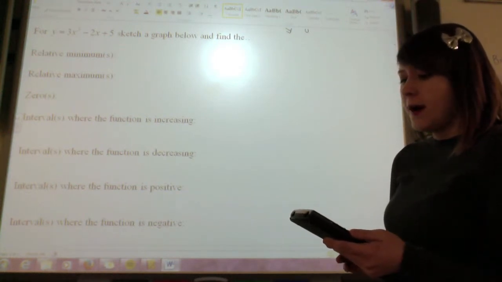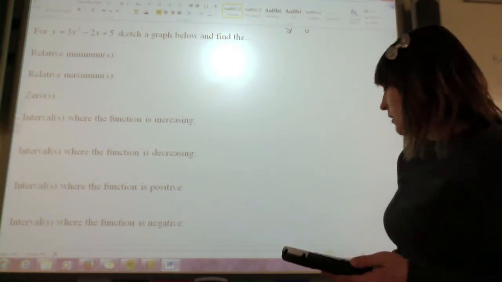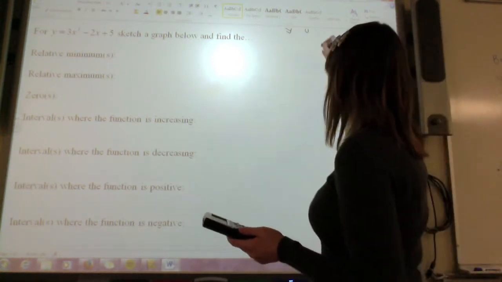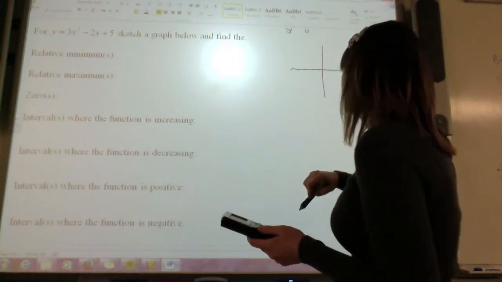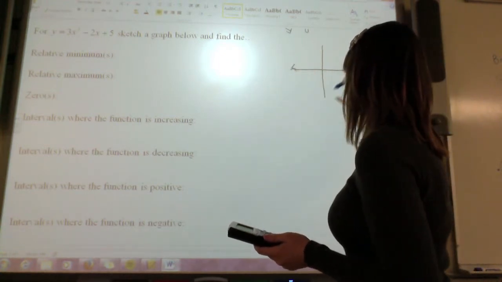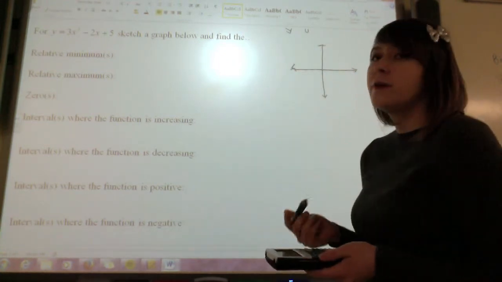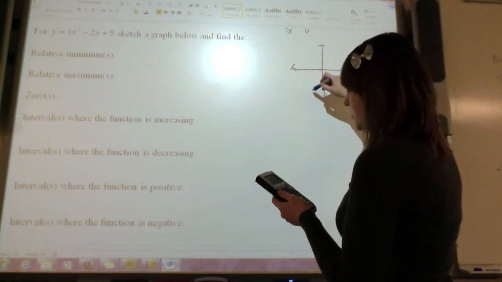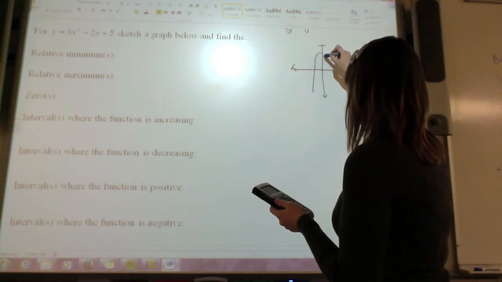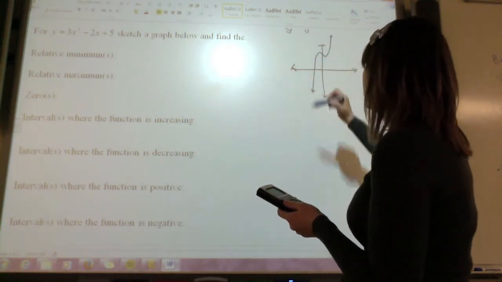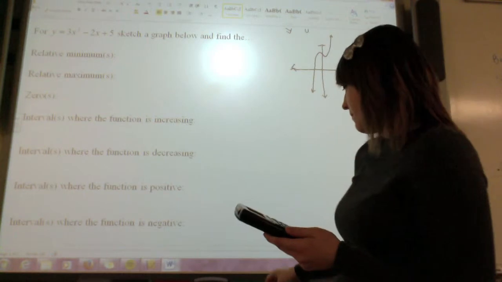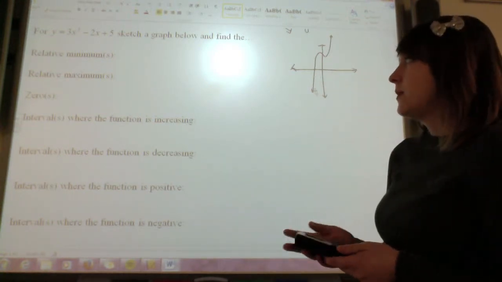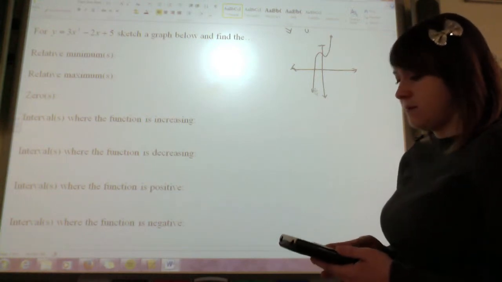Then I'm going to hit graph, and I get a function here, and I'm just going to sketch out what I see. I did a window of negative 10 to 10, negative 10 to 10, and my function looks something like this. So looking at that function, I want to be able to find a relative minimum and a relative maximum.